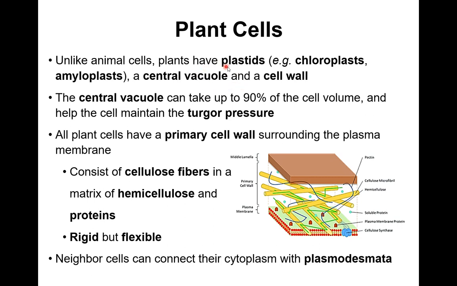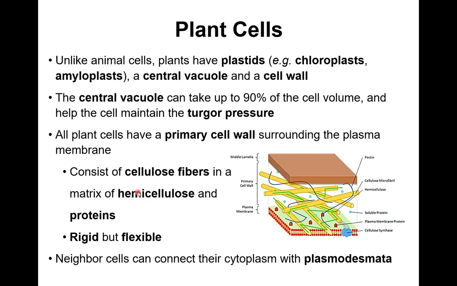The third property of plant cells, which differentiates them from animal cells, is the presence of a cell wall. All plant cells have a primary cell wall. Some of them also have a secondary cell wall, which we'll talk about in the next slide. The primary cell wall is a semi-rigid structure, rigid but still overall flexible, made of cellulose fibers embedded within a matrix of hemicellulose.